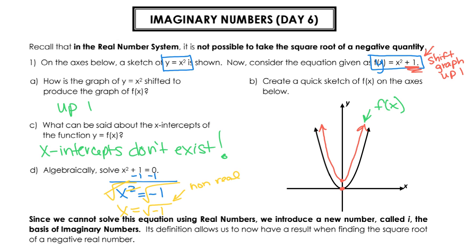Okay, what we're going to learn is that the square root of negative 1 is actually called i. Okay, and because we square rooted both sides of that equation, this is technically a plus minus in front of that square root of negative 1. And so there's a plus minus in front of our i. And so we end up with x equals positive i and x equals negative i.